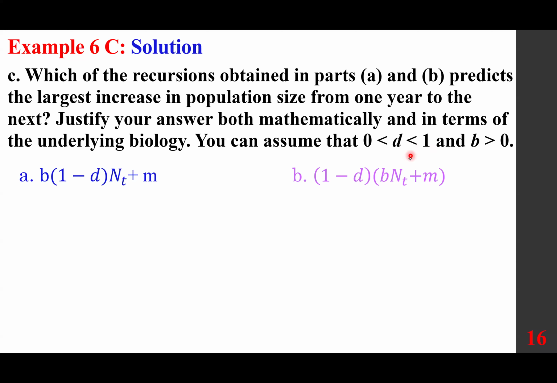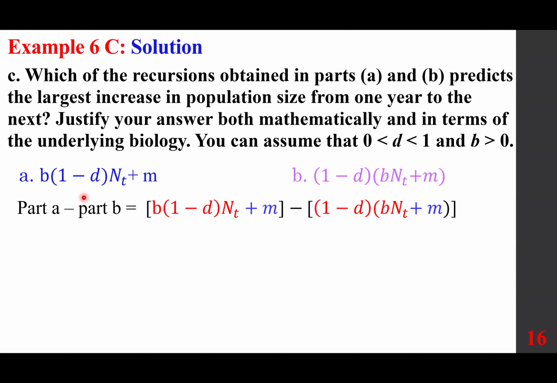And of course, B is positive and so on. Mathematically, it's very simple. You can say part A minus part B. The result, if it's positive, part A is larger. If it's negative, part B is larger. So again, part A minus part B, the result is either positive or negative.